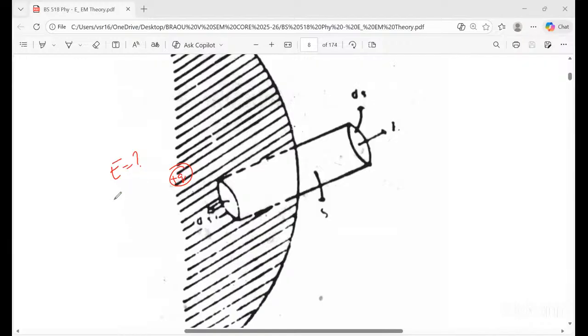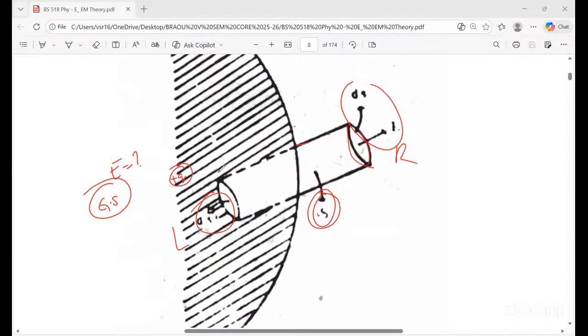But by imagining a Gaussian surface in the form of a cylinder, this is the right side, this is the left side, this is on the surface. Three cases: left, right, surface.